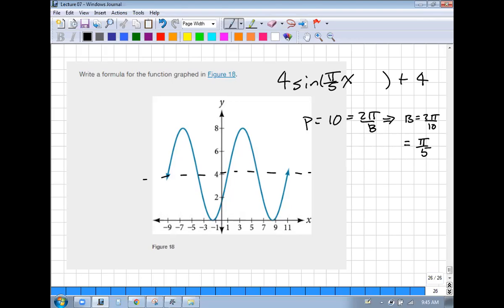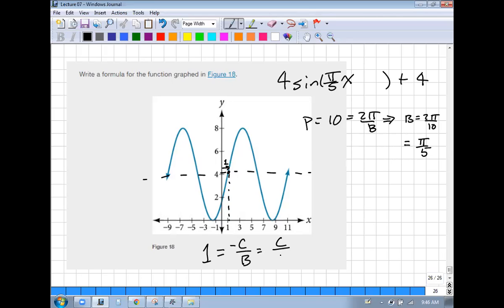And our shift is going to have a pi in it as well. Let's see if we can figure this out. It looks like our shift is a shift to the right by 1. So our shift was c over b, right? Actually, it's negative c over b.